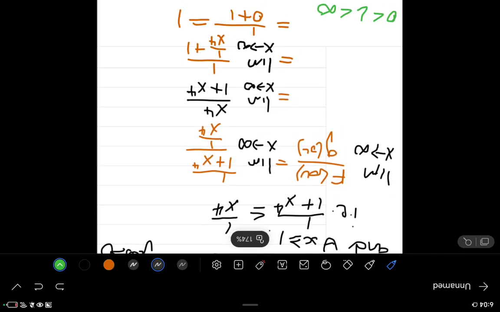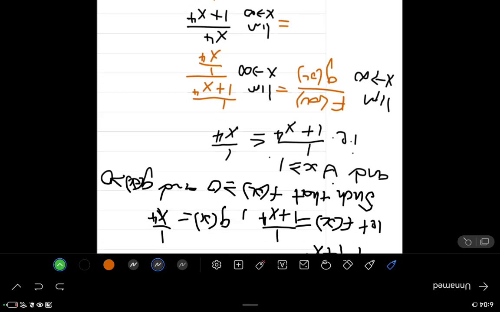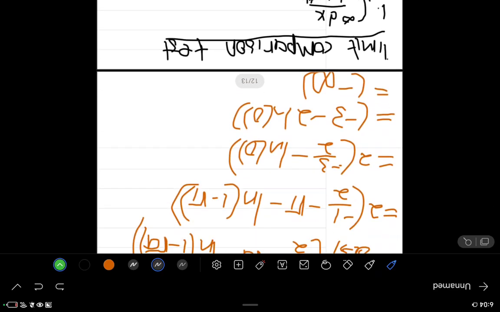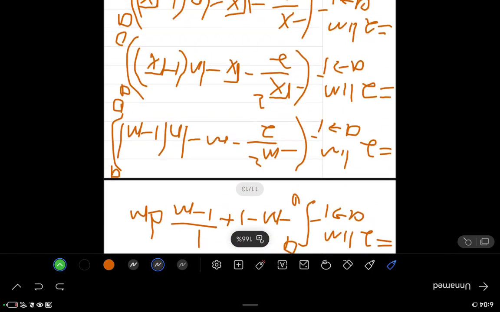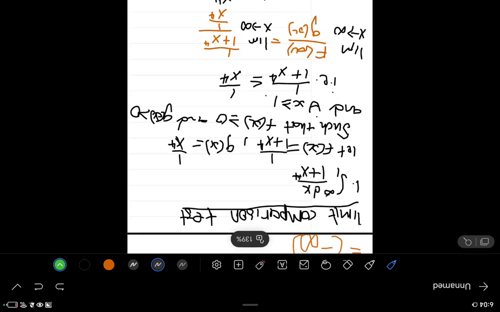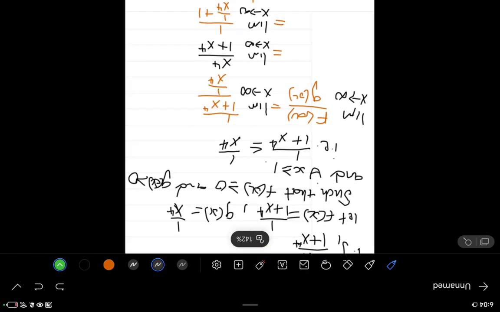I don't want to see anyone there integrating when it comes to the limit comparison test. On the comparison test, you can do that. The reason why I didn't touch the comparison test is because you know how to reduce. If you were going to integrate this one, you reduce it, you say this is less than this, then you integrate this.